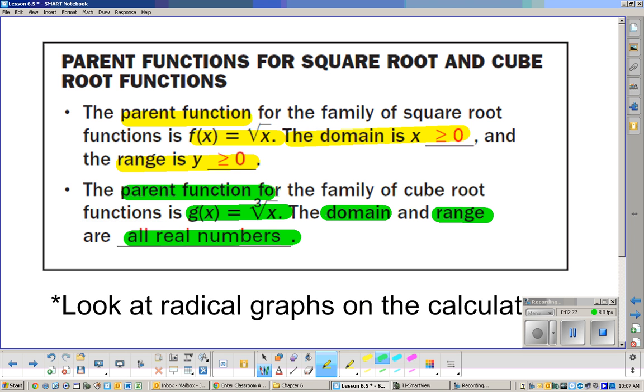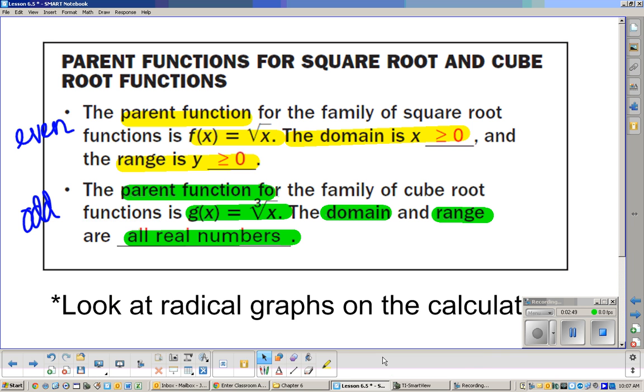Which one do you think that would be most like? The square root parent function or the cubic root parent function? If we were dealing with the fourth root? Probably the square root. And what if we were dealing with the seventh root function? Which one is it most like, do you think? The cubic root, yeah. So basically, you can also take a look at these and think about them as the even roots and the odd roots, okay?